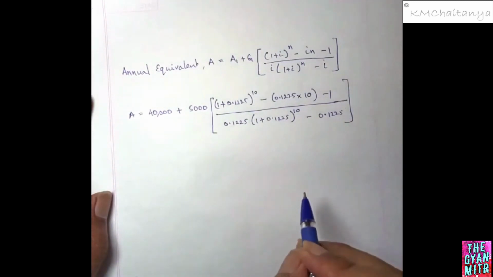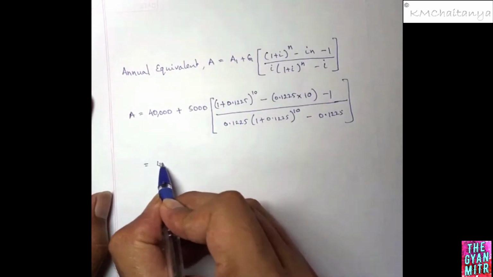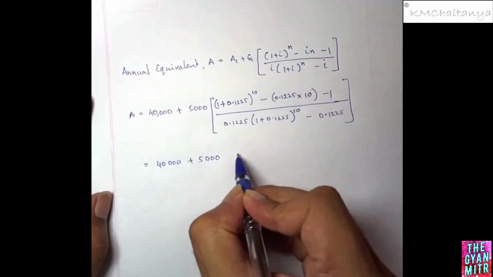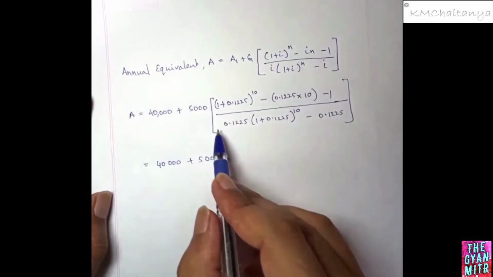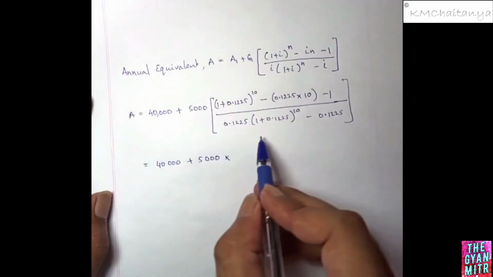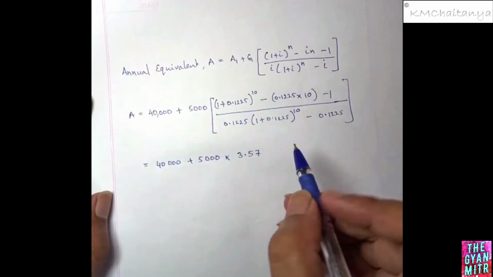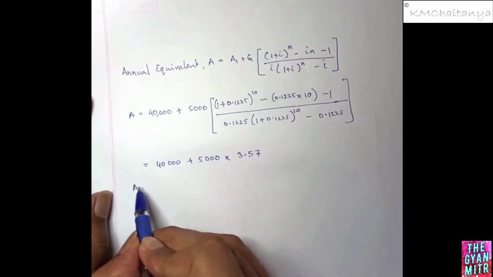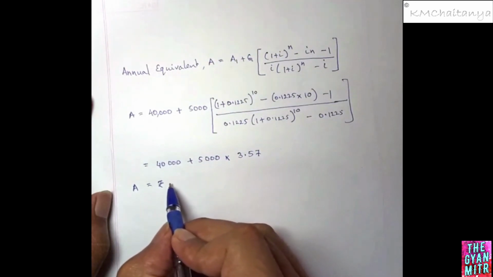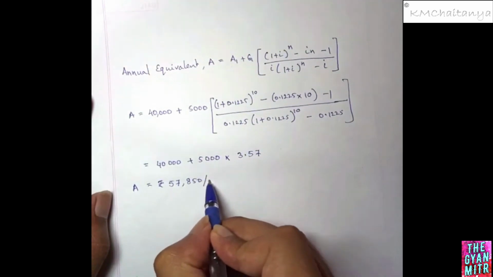That's quite a big number to multiply. So which gives us 40,000 plus 5,000 into, so put this equation in the calculator and we can determine the value of this is 3.57. So if I multiply the whole term, the annual equivalent is rupees 57,850.